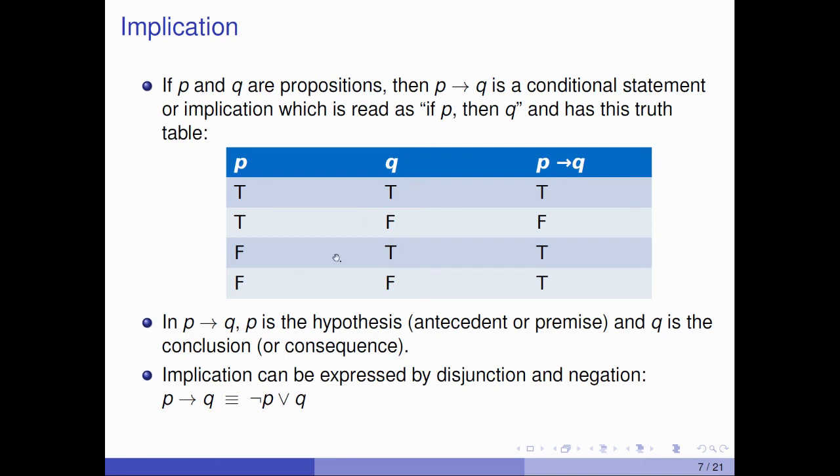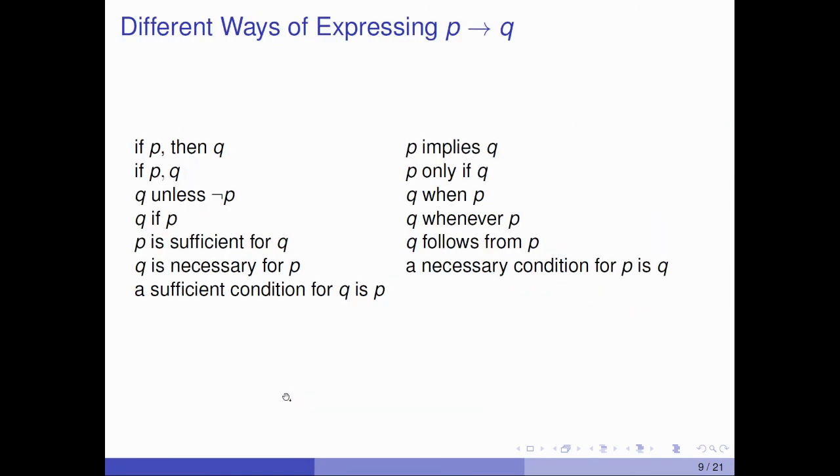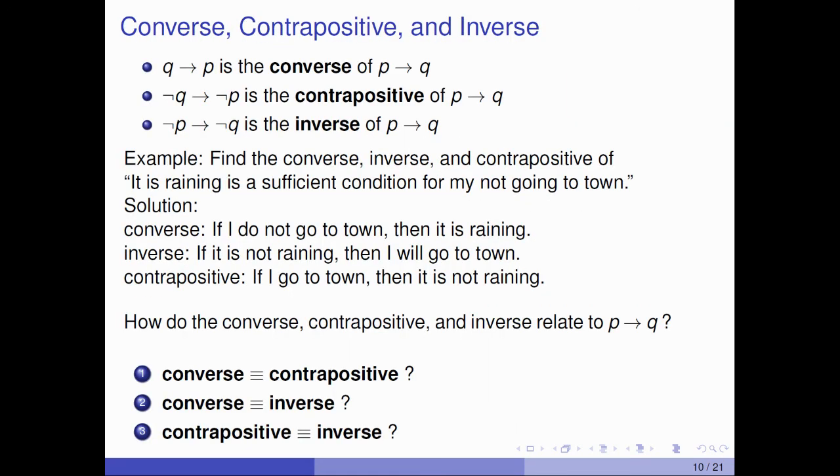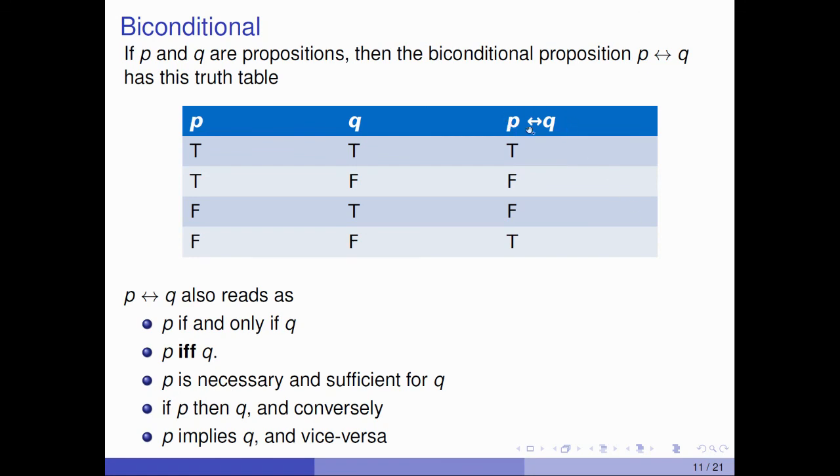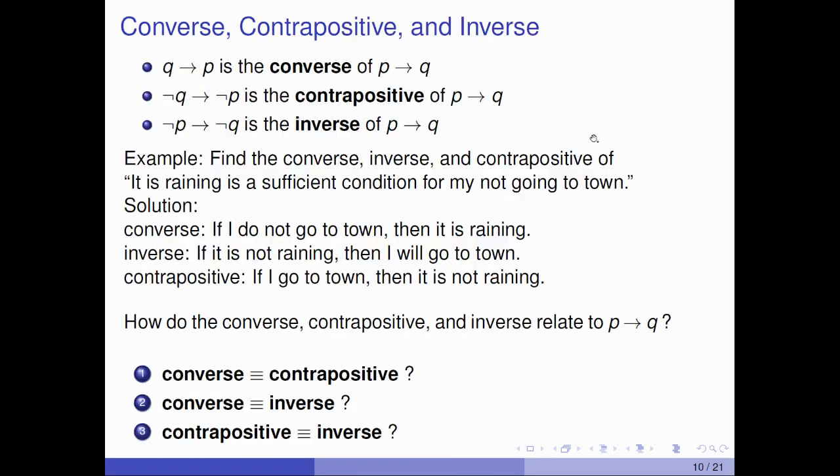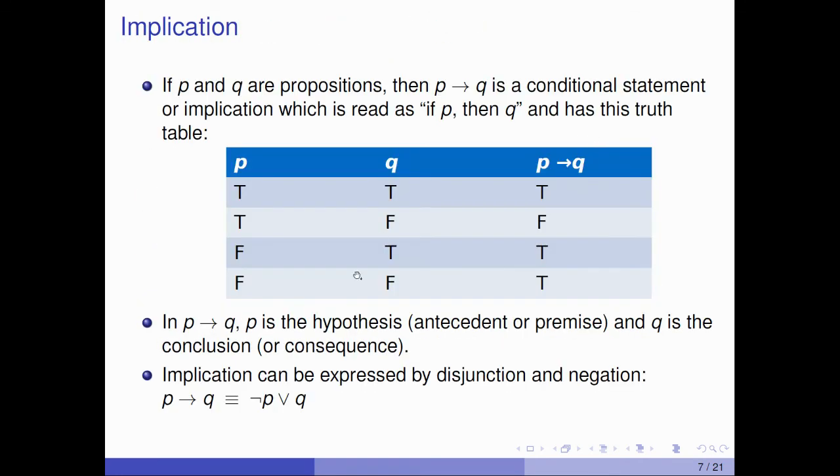There you go. P implies Q is logically equivalent to not P or Q. So this is how you transform a P implies Q. If you happen to see this, you just replace it by this. Or if you happen to see if and only if, you convert it to P implies Q and Q implies P, and then use this one. Okay? All right.